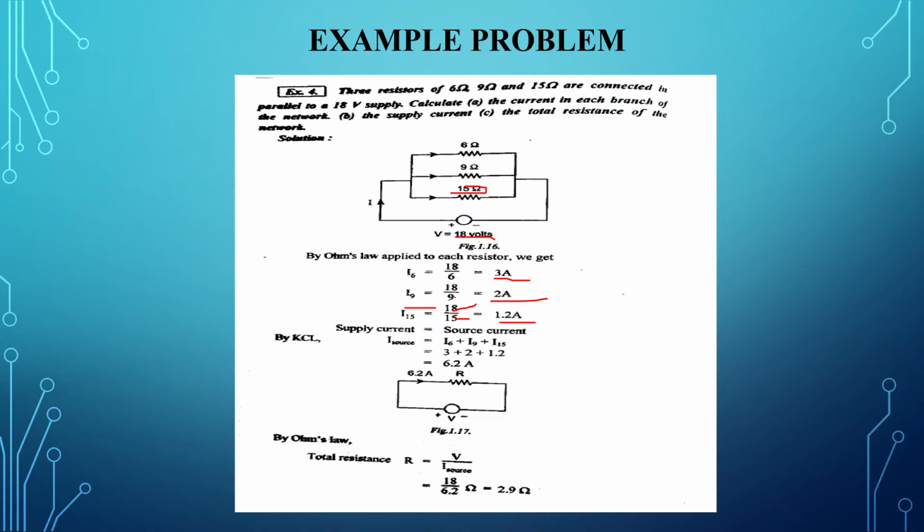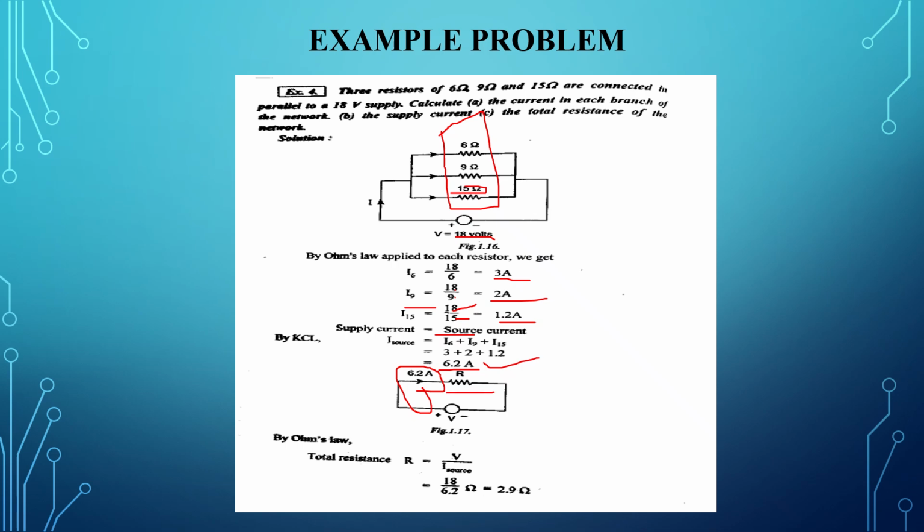So the total current, the supply current equal to the source current, is I6 plus I9 plus I15, 3 plus 2 plus 1.2, which is 6.2 amps. Now we have to simplify the resistance value, because we know the total current across these three resistances is 6.2 amps.